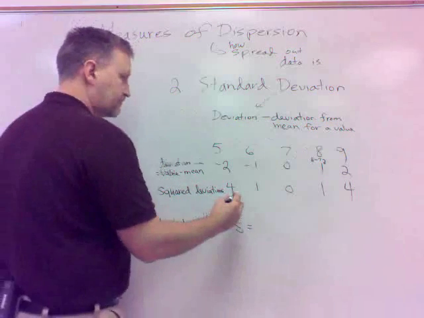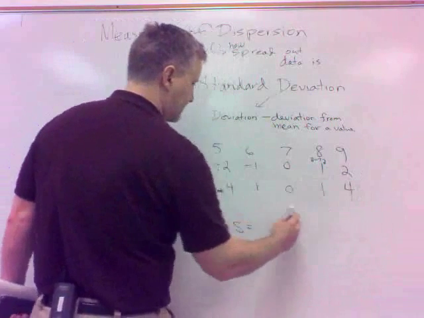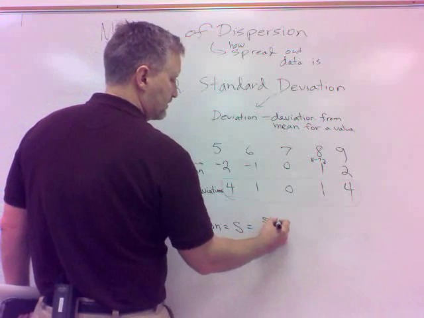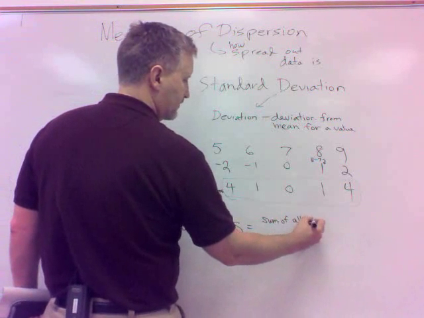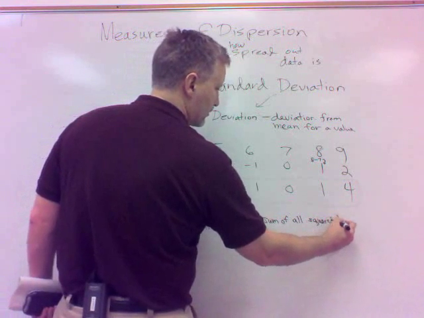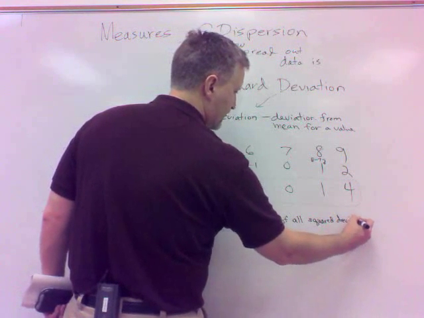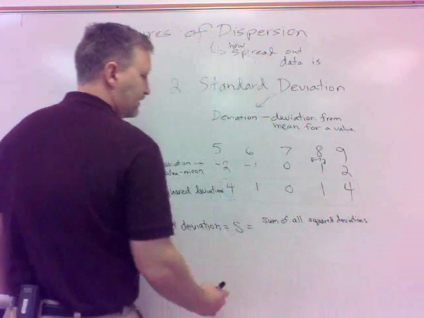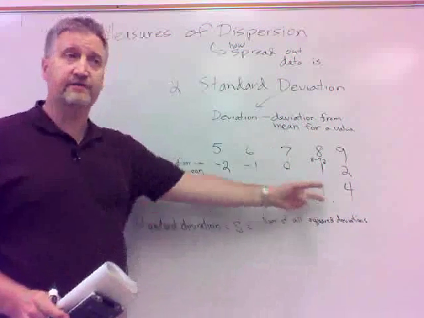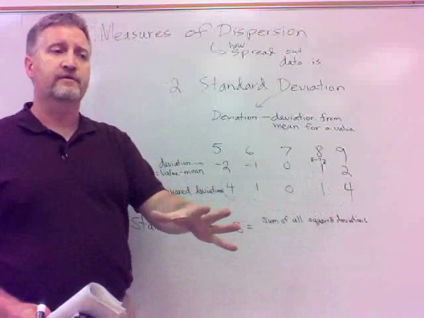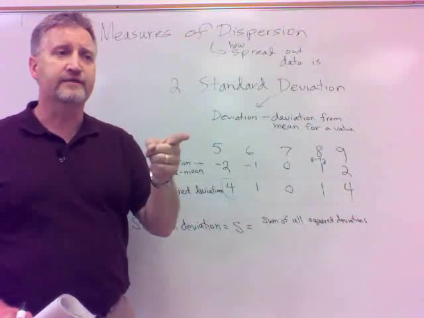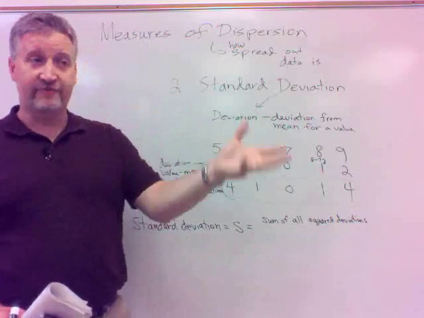I'm going to add up all the squared deviations, the sum of all the squared deviations, on this top line, once I square them. Basically, I'm going to average these out. When I average something, I add them all up, and then I divide by the total number there are.